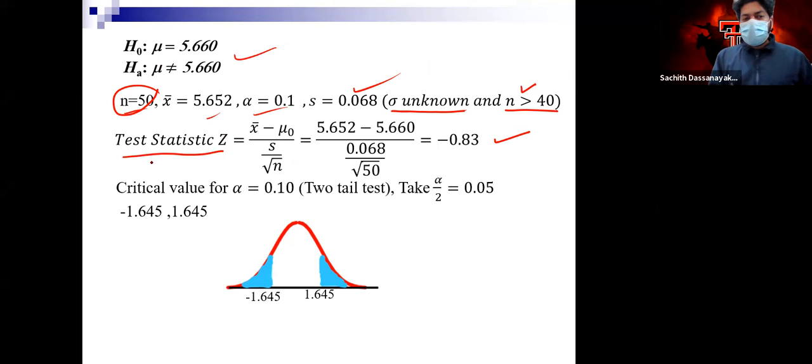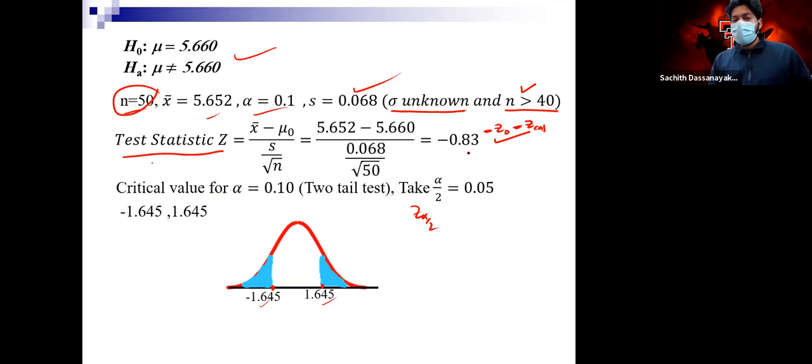Sometimes we denote this by C naught, whatever you use is fine. For the critical value, you need to find C alpha over 2. So you know these two values.